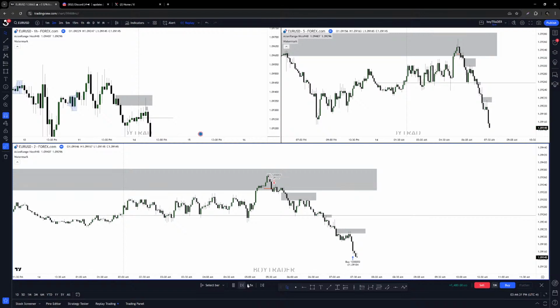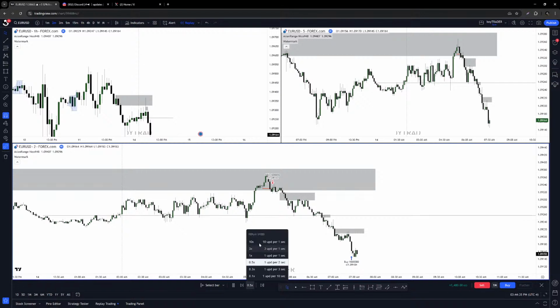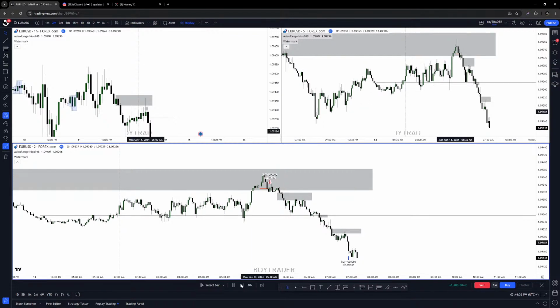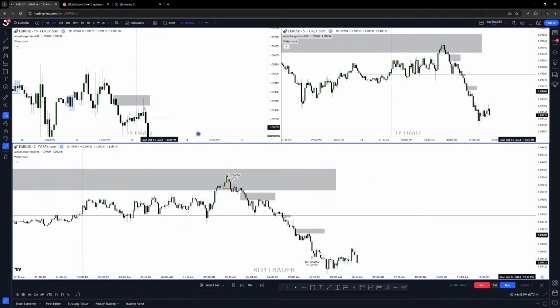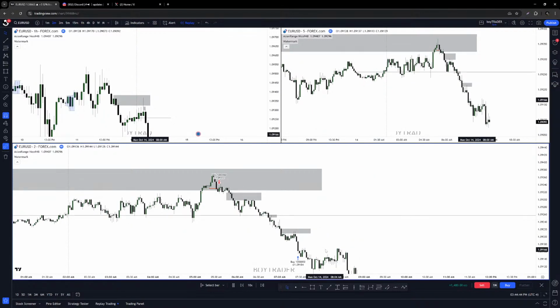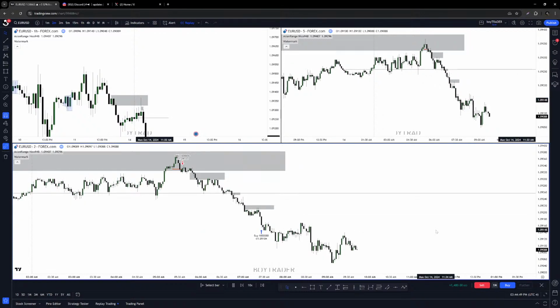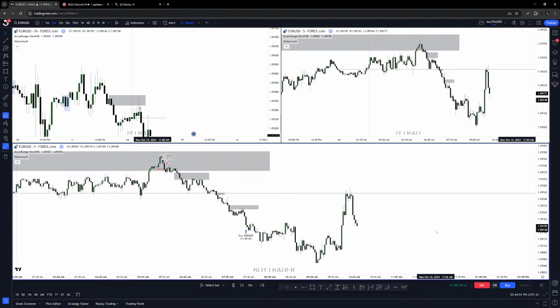It's not a bad trade for Monday. So we're going to be skipping to Tuesday ASAP. Mind you, there are still trading opportunities during the New York session, but we're not going to cover that here.